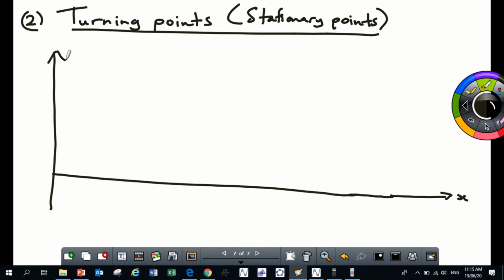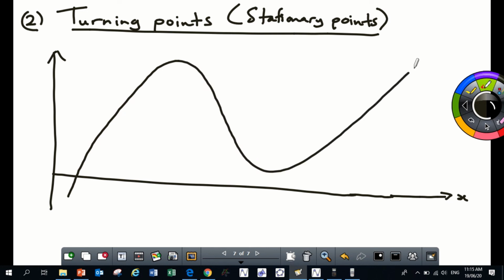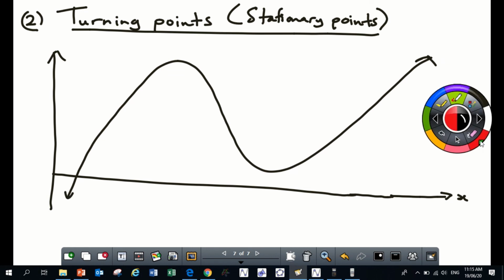Let's start with a function that has a value of a which is positive. So you have your turning point there, another turning point.